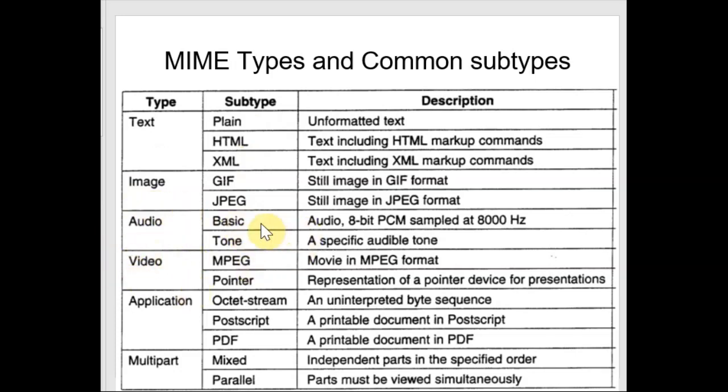So the type of the document is represented as a combination of top level type and subtype. For example, application slash PDF is one example. So it is expected that a separate application is needed for processing this particular document, which is represented in PDF.